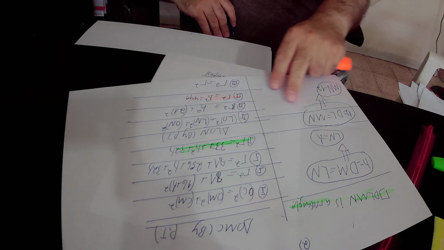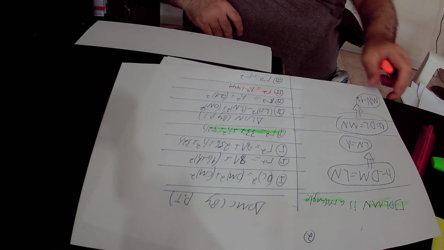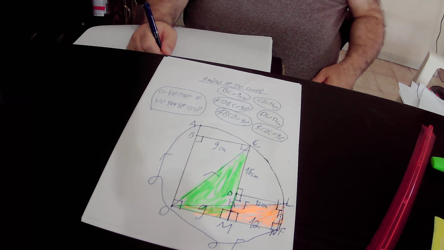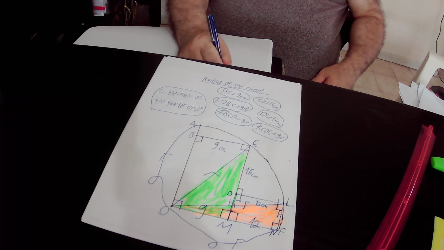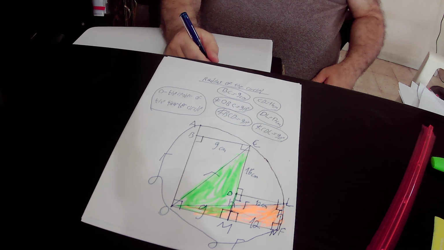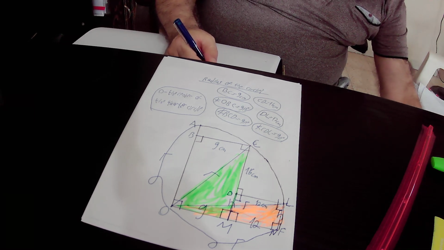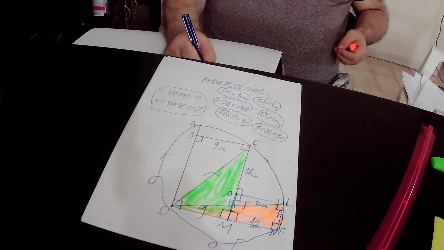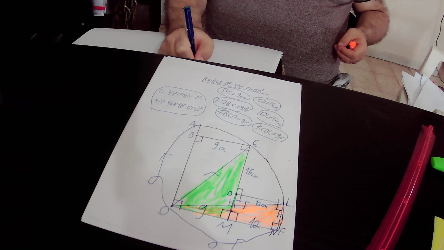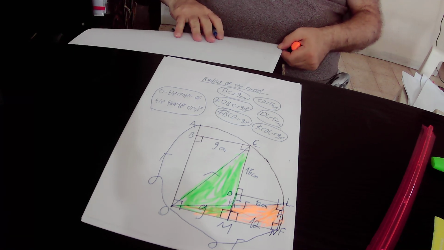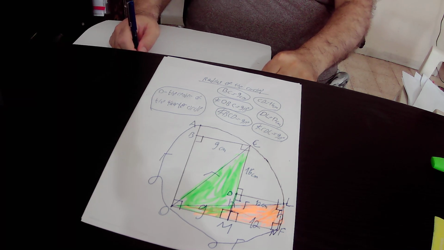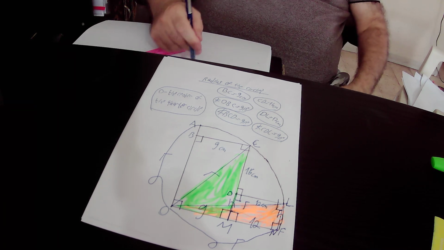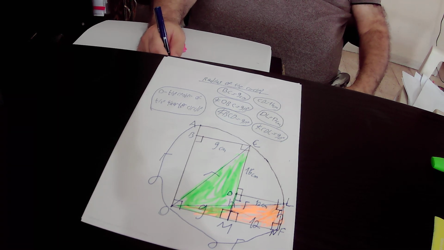According to equation number 3, R square according to equation number 1, which is 337 plus H square plus 32H, must be equal to R square according to equation number 2, which equals H square plus 441.